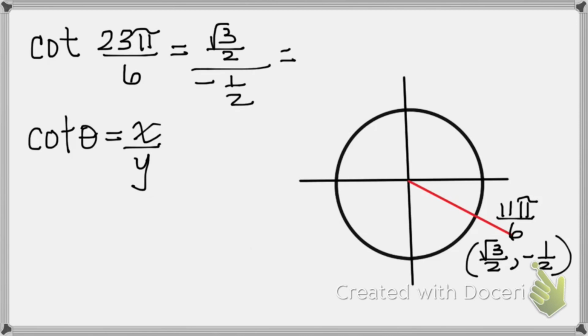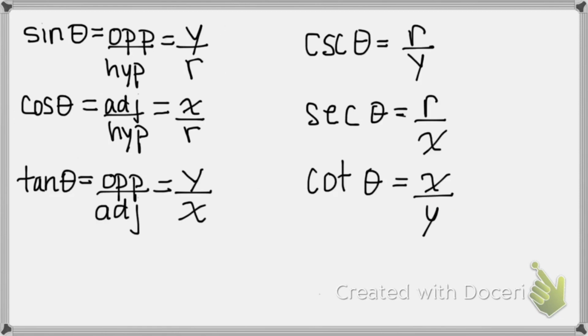It would be nice if you simplified that to negative rad 3. And that is the use of the unit circle to evaluate trigonometric functions, as long as we have these definitions, the x, y, r definition of each of the trigonometric functions.